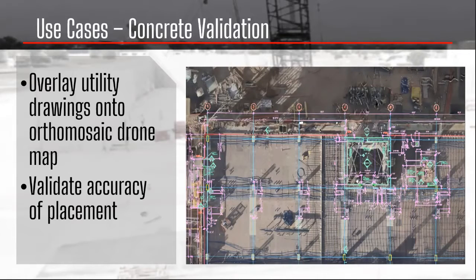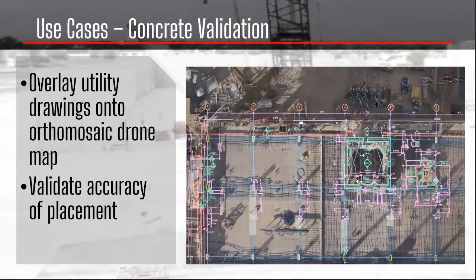And through that, we can now overlay some of the drawings that we've been given to align with the actual slab that's there, and ensure that all of our utilities, whether it's plumbing, electrical, or fire protection, whatever it is, we need to make sure that everything's in the correct location.